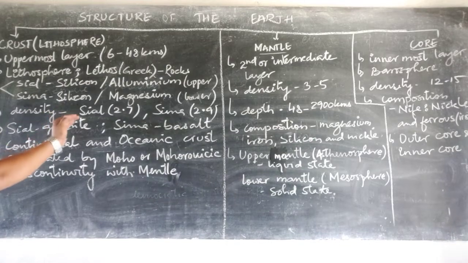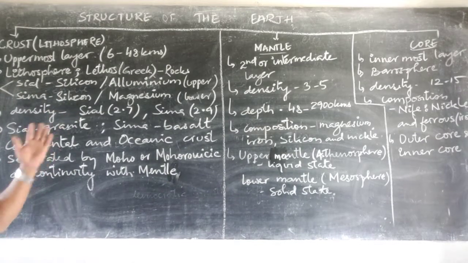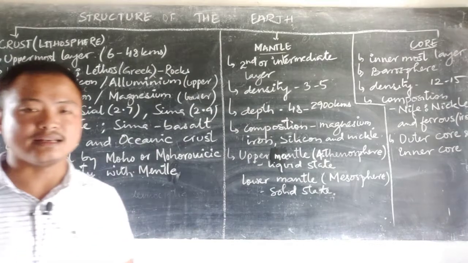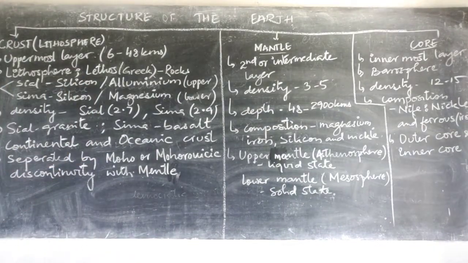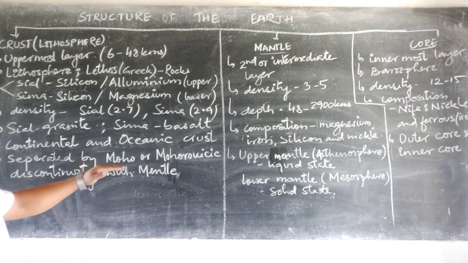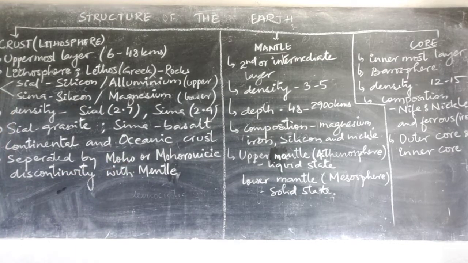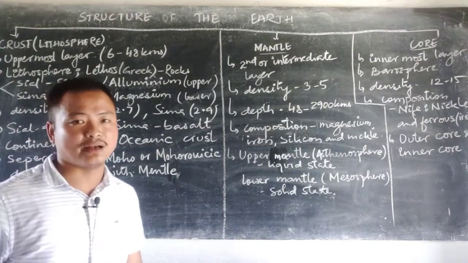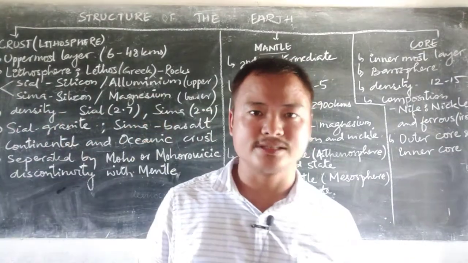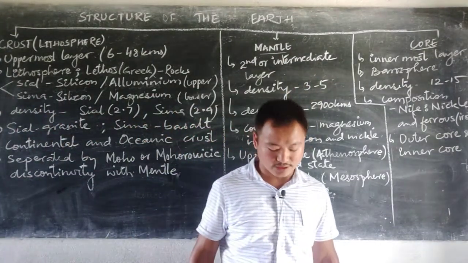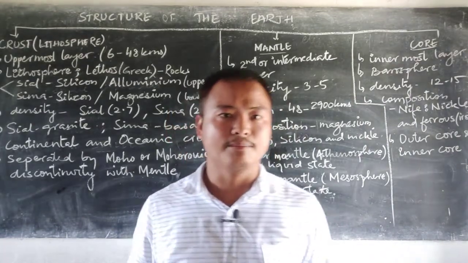The crust is separated from the mantle by a discontinuity, the Mohorovičić discontinuity, or you can even say Moho. Once again, the crust is separated by the Mohorovičić discontinuity, or Moho, from the mantle.